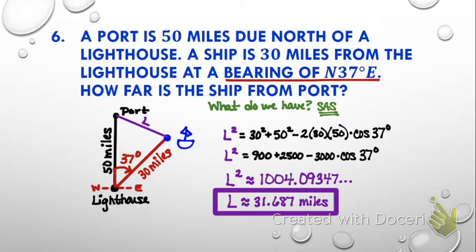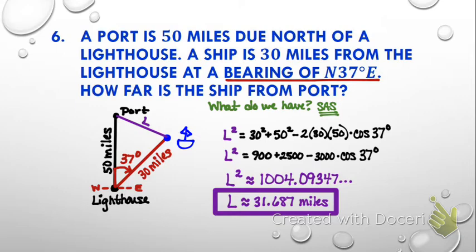But couldn't you use the 30 miles to find the other angle? The 30 miles, I don't know how big that angle is, though. So the reason that we have both law of sines and law of cosines is because we can use them in different situations, but there's places where they absolutely don't cross over. When I have side angle side, without more information, there's no way for me to use law of sines.